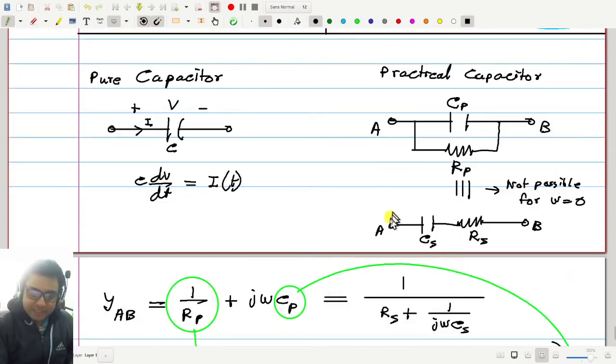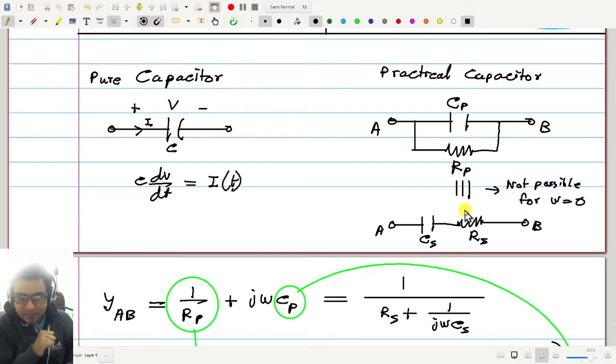So if you are thinking of a pure DC voltage applied across a capacitor, then that leakage current cannot be modeled in this way. But for AC, I mean non-zero omega, these two are always equivalent.